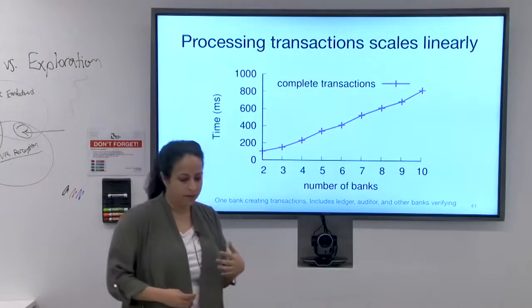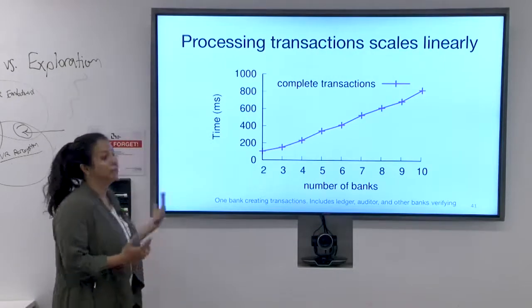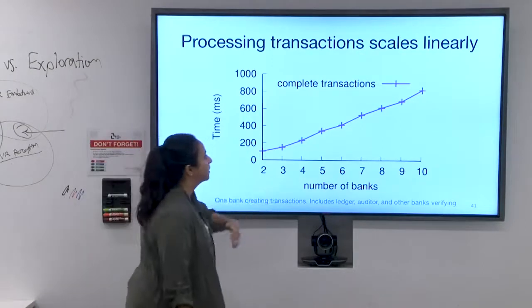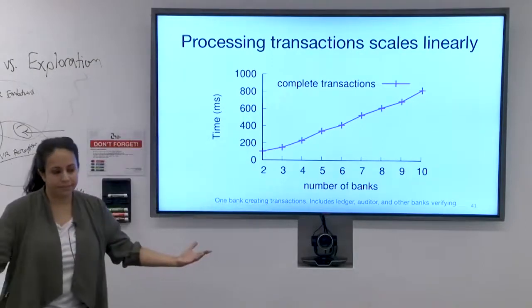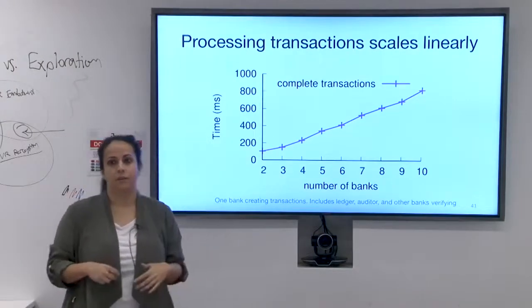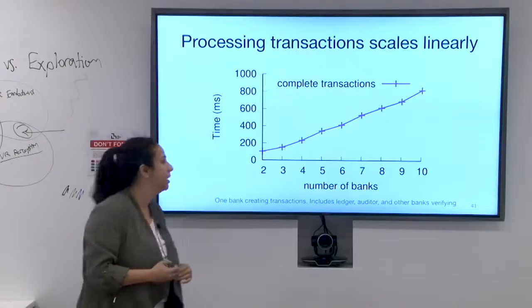So here is a graph which shows how long it takes to create and verify transactions in zkLedger. And this is varying the number of banks. And again, we see this is linear. The more banks, the more entries per transaction, the more of these commitments, the more range proofs, quite honestly, is the problem, because there's a range proof per entry.